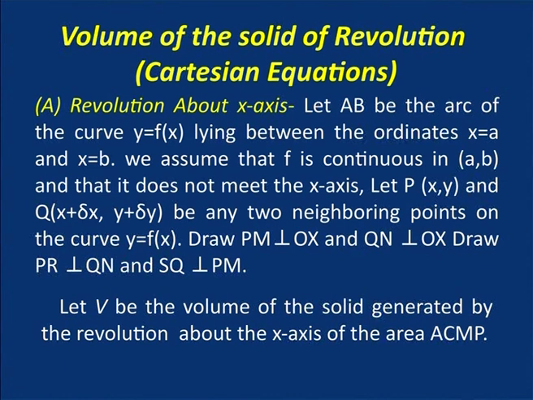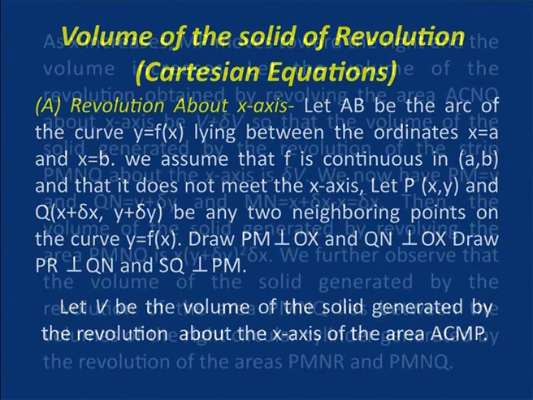Draw PM perpendicular to Ox and QN perpendicular to Ox. Draw PR perpendicular to QN and SQ perpendicular to PM as shown in the figure. Let V be the volume of the solid generated by the revolution about the x-axis of the area ACMP.